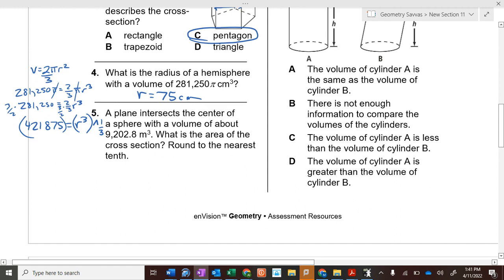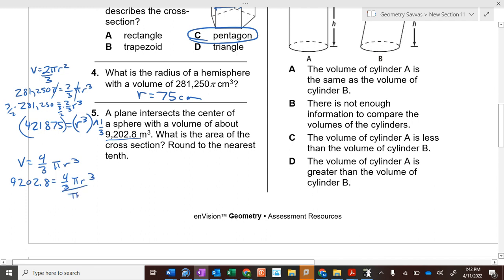A plane intersects the center of a sphere with a volume of about that. What is the area of the cross section? So we need to find the area of the circle. Okay? So we need to first go the volume of the sphere equals 4/3 pi r cubed. So the volume, 9202.8 equals 4/3 pi r cubed.